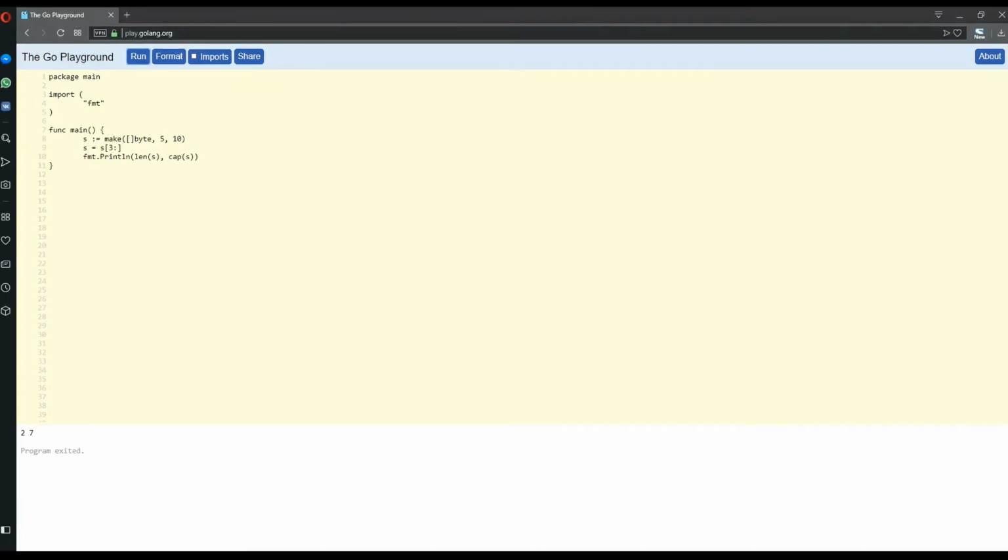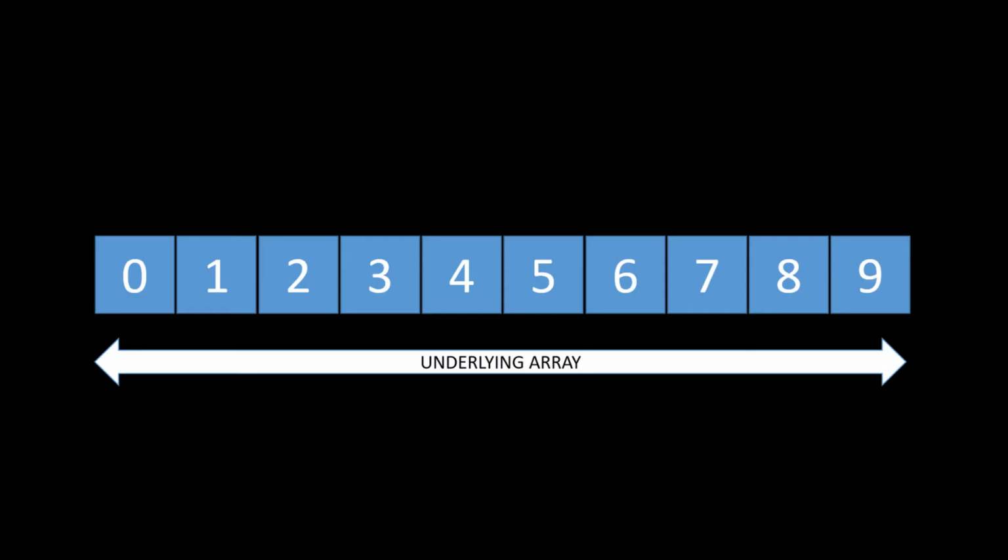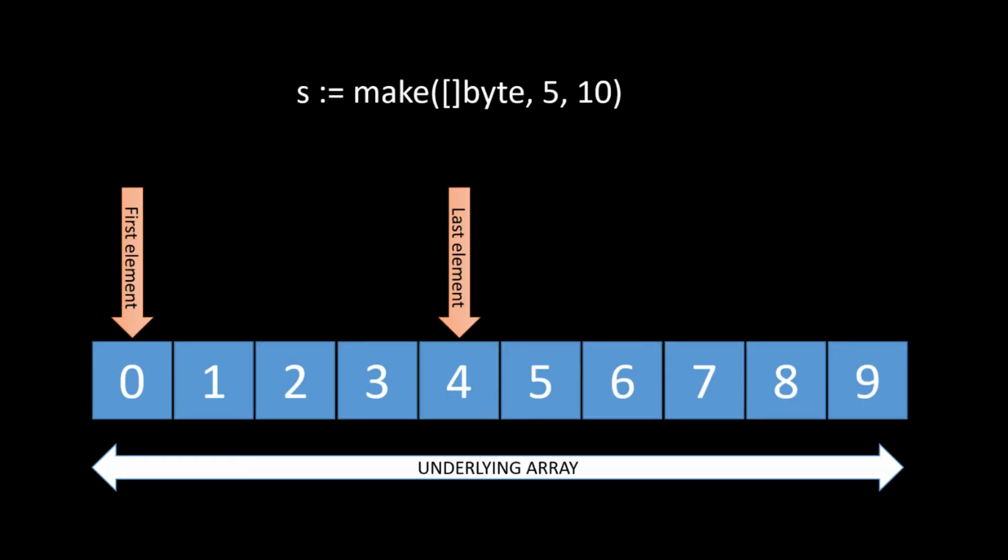Basically, when we allocate an array, Go finds a continuous range of memory, in our case of length 10, and then we declare the slice upon it. Now our slice points to the 0th element as the starting point, and to the 4th element as the end of the slice. The capacity of the slice is the length of the continuous range we just allocated.